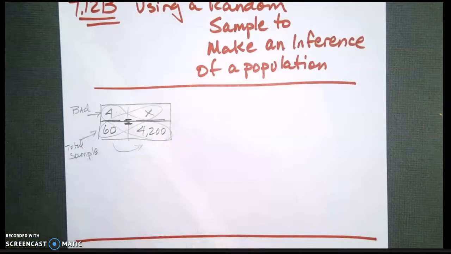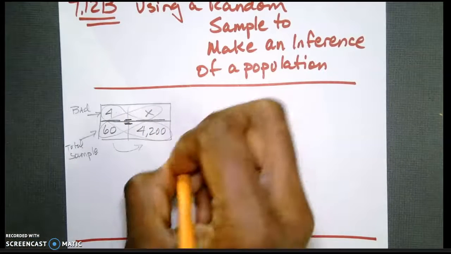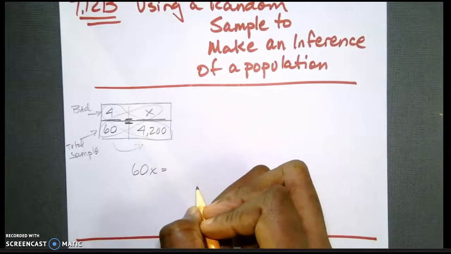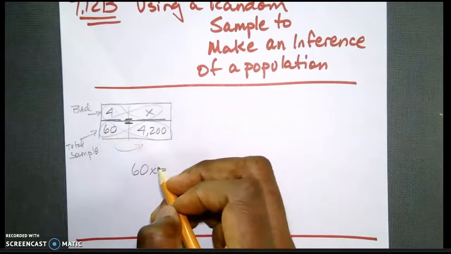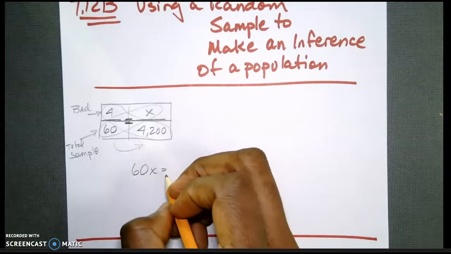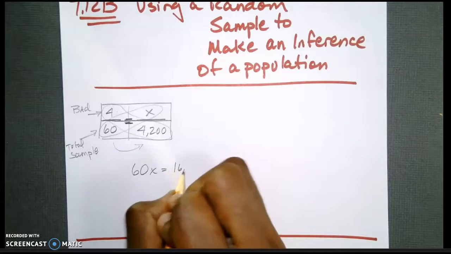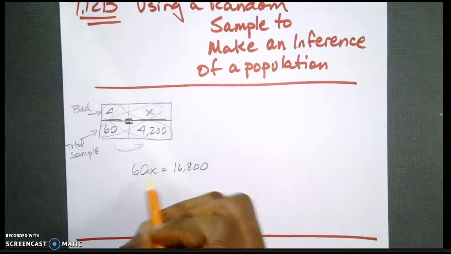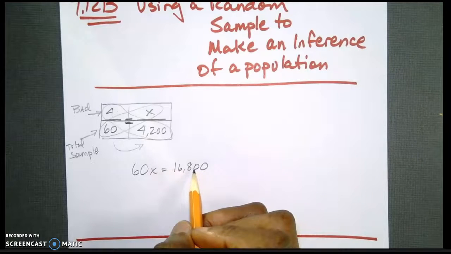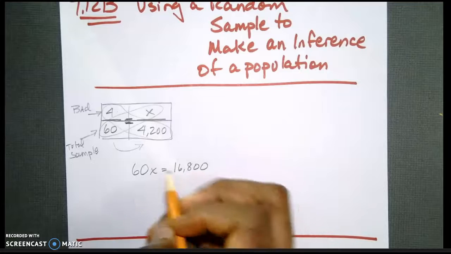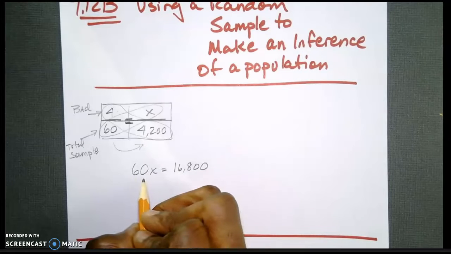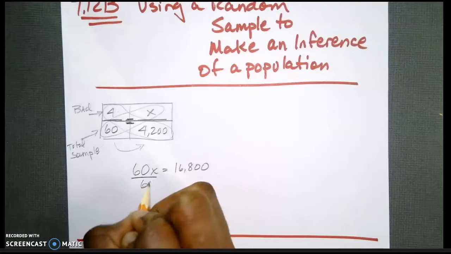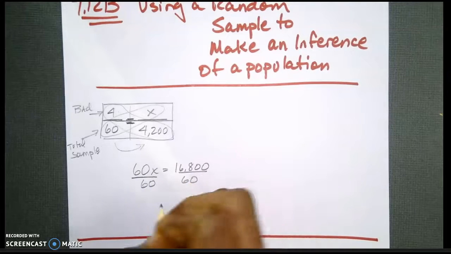which I'm going to do. Cross multiplication tells me that I would multiply 60 times x, and that's going to equal 4,200 times 4. For the sake of time, I'll let you know that is 16,800 when I multiply that. So now this just becomes a regular one-step equation. Since I know this is multiplication, in order to isolate my variable, I'm going to do the opposite operation, which is division.